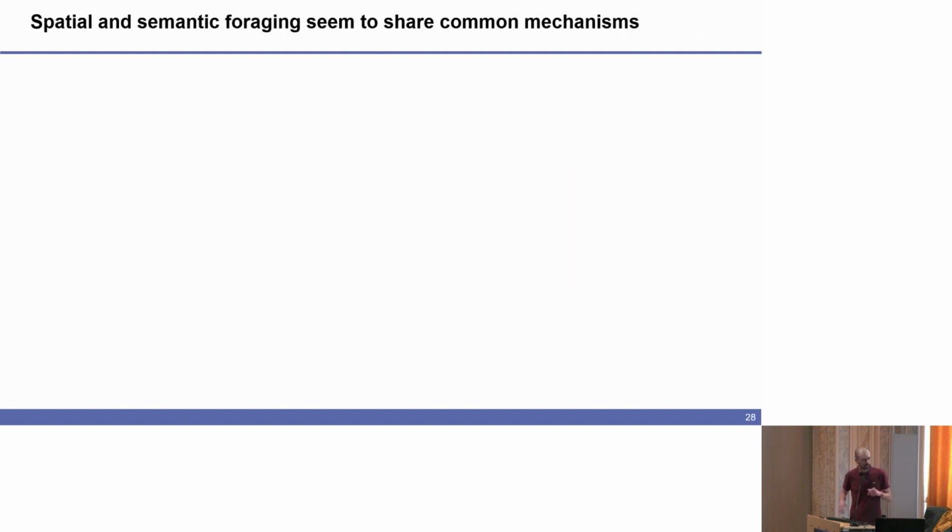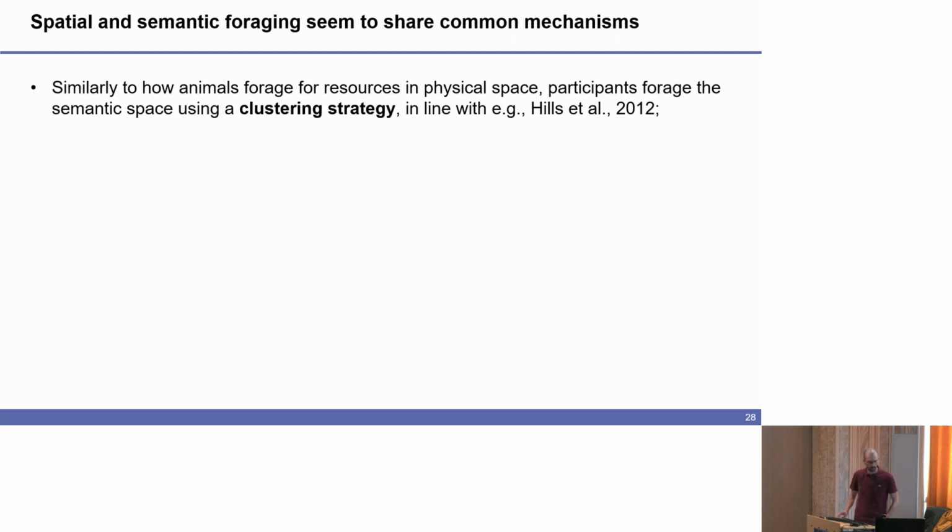So to conclude, we have shown several data showing that spatial and semantic foraging seem to share common mechanisms. In terms of behavior, we have demonstrated that participants use a clustering strategy both in the conceptual space as it happens in the physical space, and this aligns with previous data by Thomas Hills and colleagues.